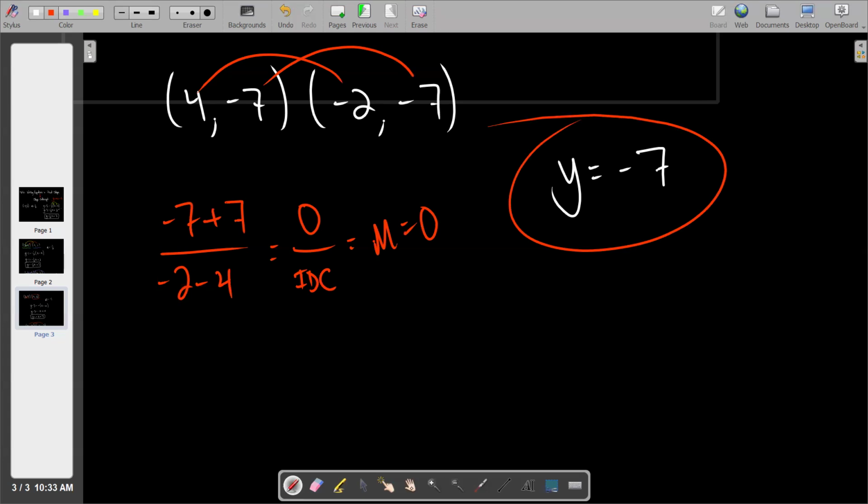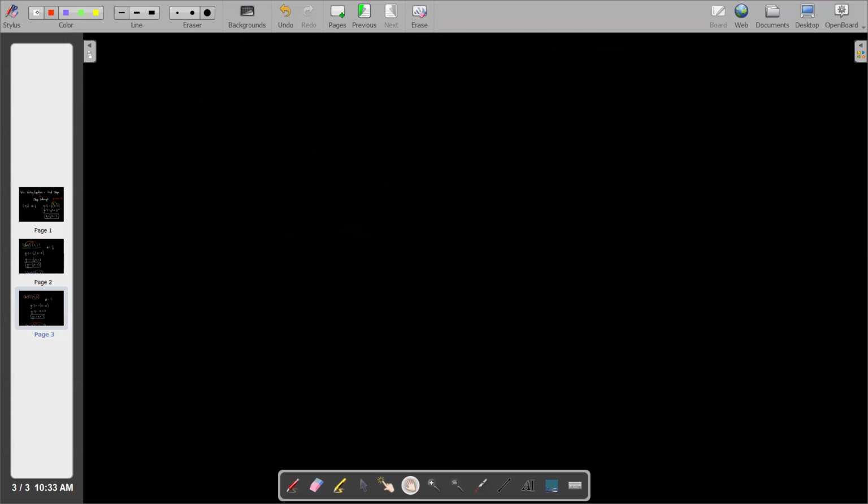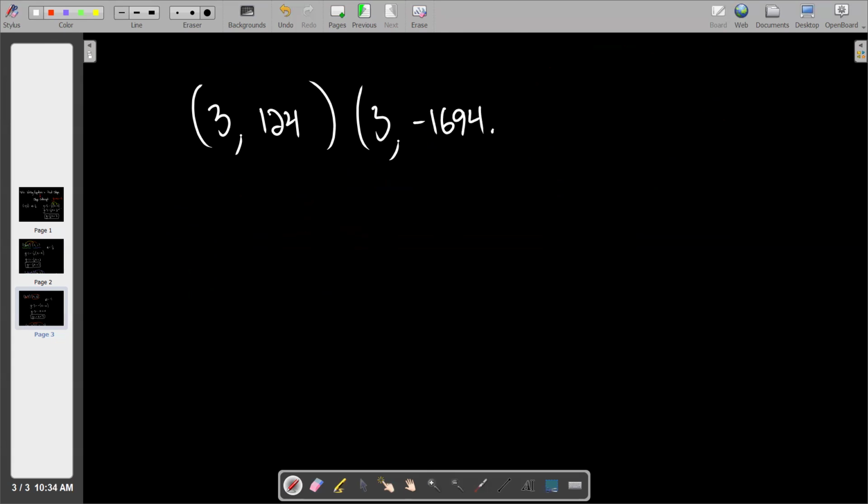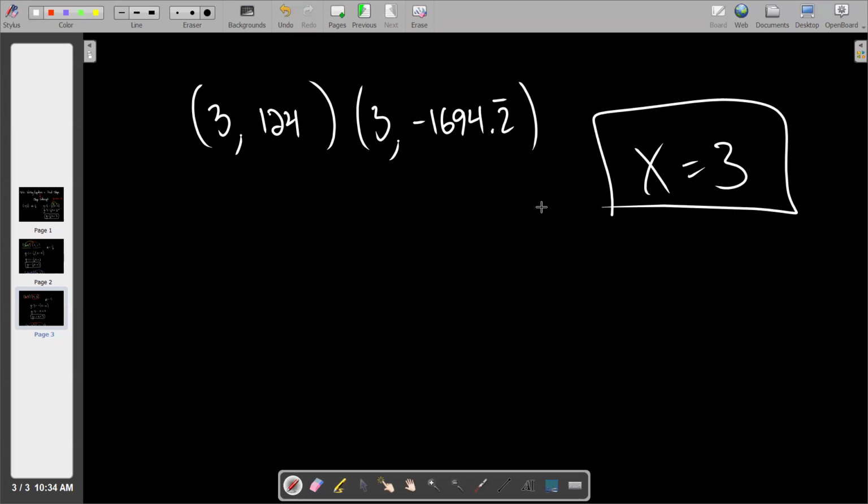And of course, the last example, you can see right through me. You know exactly where we're going with this. So I could put 3, 124, 3, negative 1,694.2 repeating. Hey, guess what the answer is? Done. Don't you start with me? x equals 3, right?